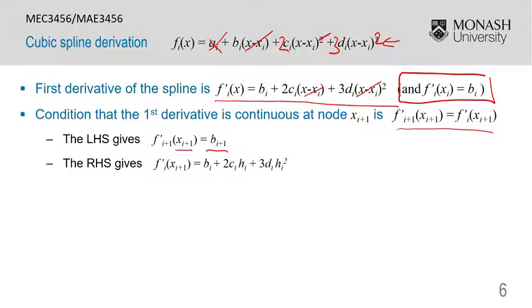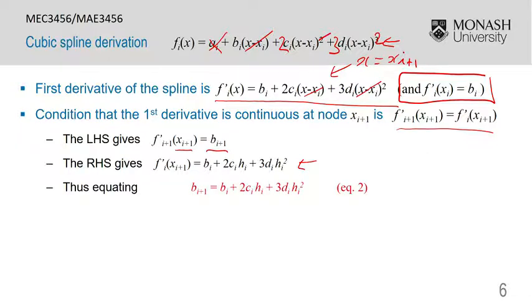And substituting into this expression at the top here, x equal to xi plus 1, allows us to write that fi dashed at xi plus 1 is equal to bi plus twice ci hi plus 3 di hi squared. So we can equate these two things, and we come up with an expression that relates bi plus 1 to bi plus twice ci hi plus 3 di hi squared. We're going to call that equation 2.